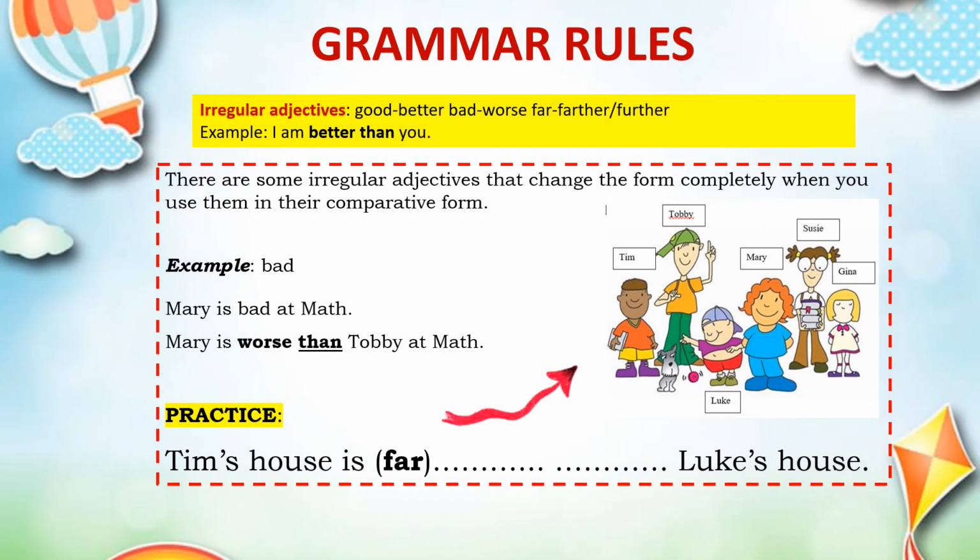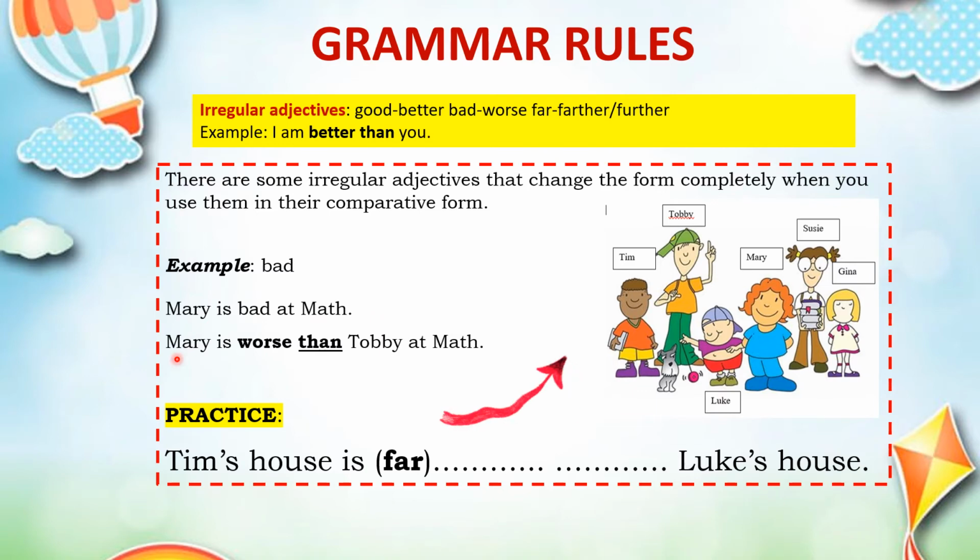Then we have the last grammar rule, irregular adjectives. Good, better, bad, worse, far, farther, further. Example, I am better than you. There are some irregular adjectives that change the form completely when you use them in their comparative form. Example, bad. Mary is bad at math.